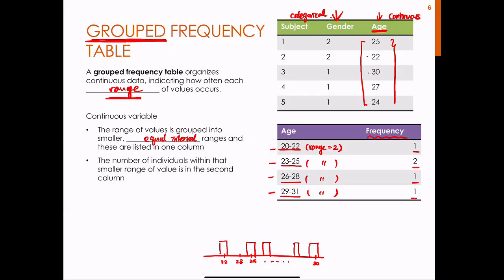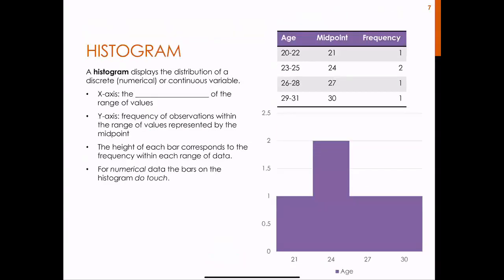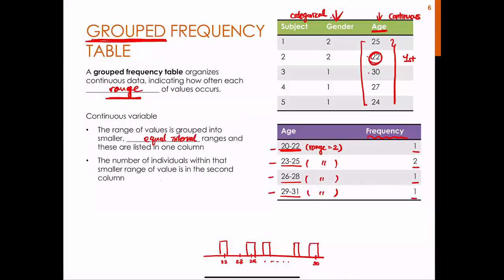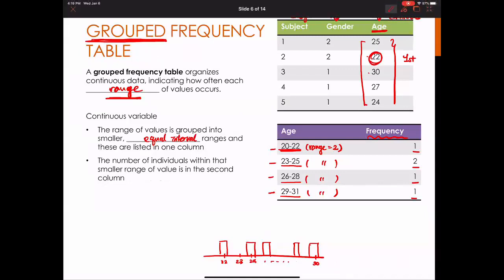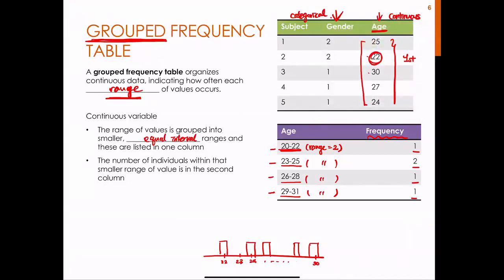Between 20 to 22, we have only 1. This is the first subgroup. And between 23 to 25, we have 2, right? 24 and 25 in the second subgroup.